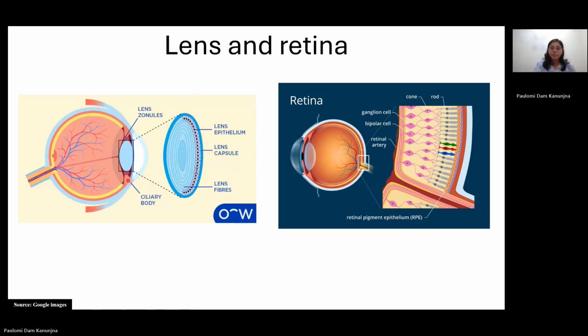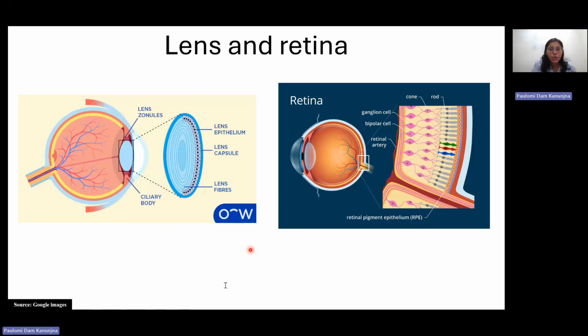Okay. All right. Now, if that's about lens, what about retina? What do we know about retina? So let's talk about retina now. Retina, as you know, is the innermost layer of the eye, which is lining the backside. And functionally, this neural tissue converts the light signal into electrical signal. Okay.